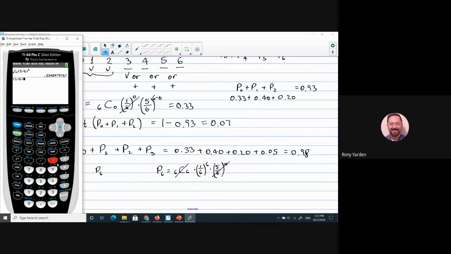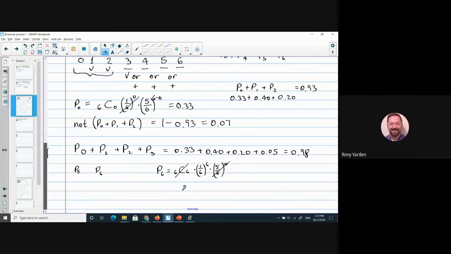1/6 to the power of 6. And the answer is 2.14, or 2.1 times 10 to the negative 5. Let me write it. 2.1 times 10 to the negative 5.